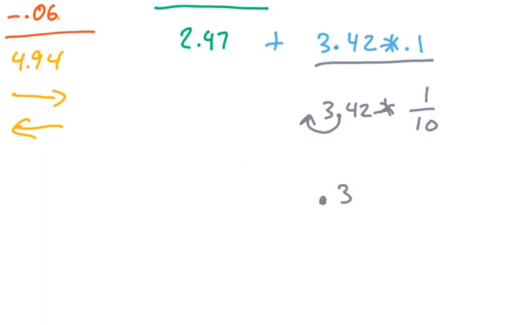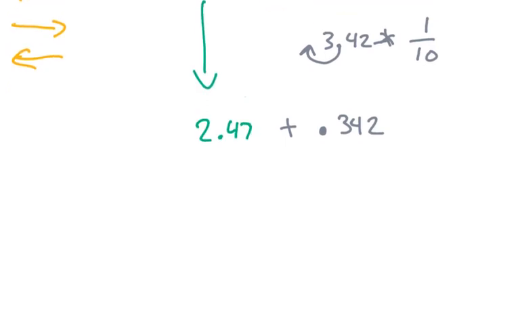And we're going to get 0.342. Because notice if you moved it the other way, you would have been getting 34.2, which is bigger. But that doesn't make sense because you're dividing by 10 or you're multiplying by 1/10. So let's bring down the 2.47 and now we can finish it off. So to finish it off, it's going to be 2.47 plus 0.342.